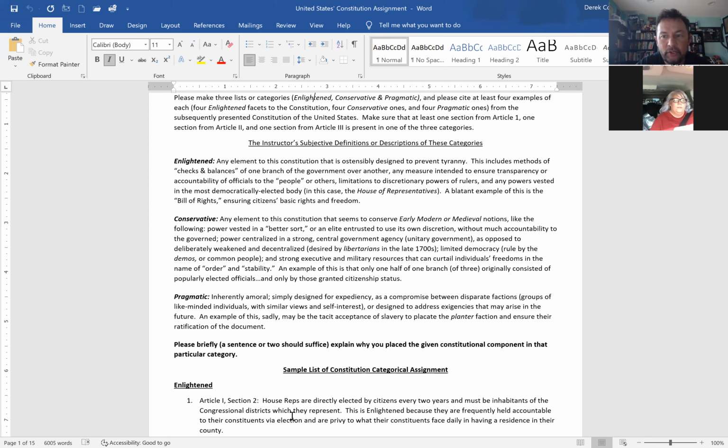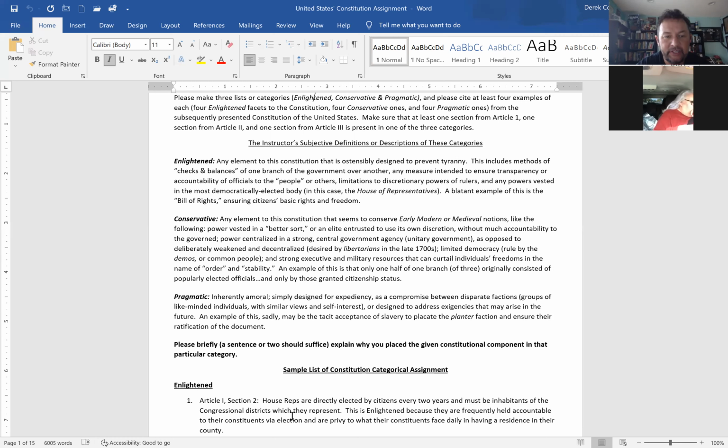Pragmatic is that you're looking at something that is not necessarily, it's amoral. You're not thinking about right or wrong. You're not thinking about even tyranny versus freedom and that more modern paradigm, but you're thinking simply in terms of practicality. What will bring about a practical result, right? So any type of compromise could be termed as pragmatic. Sadly, even slavery could be seen as an amoral compromise, right?